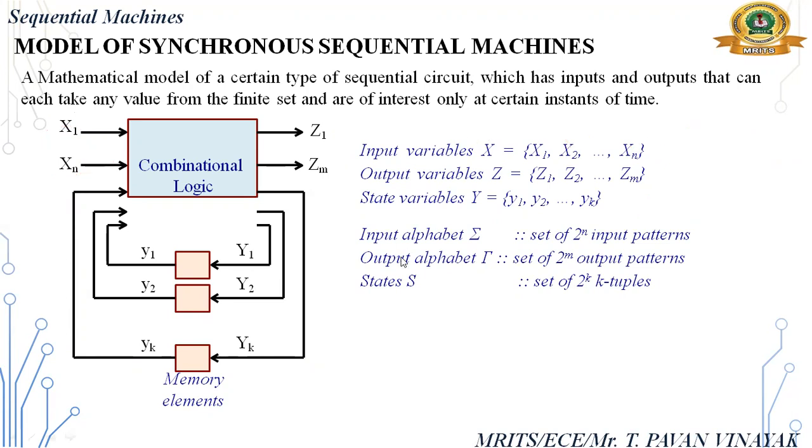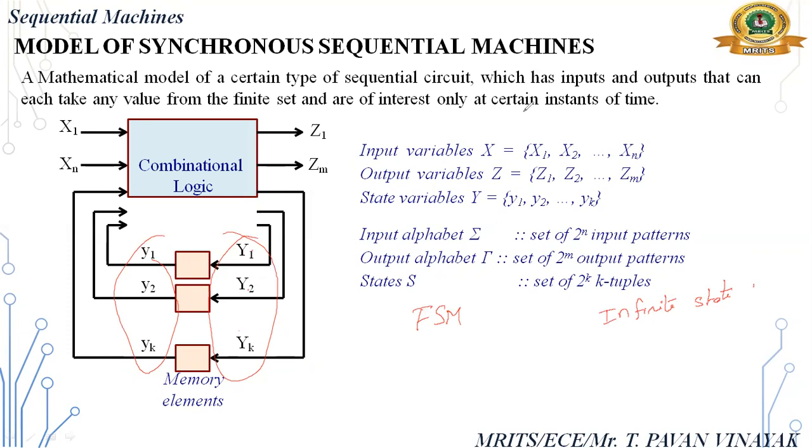Now, according to these states, sequential machines are of two types: finite state machine and infinite state machine. Finite means we have a finite number of states. Infinite means we don't know the number of states.